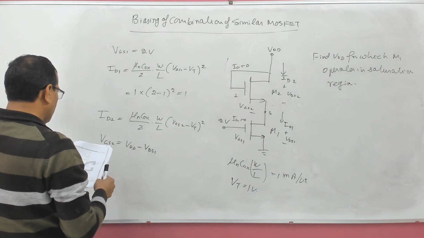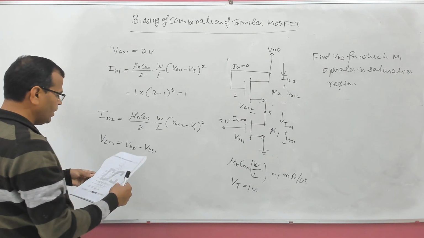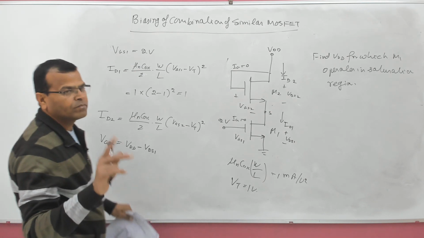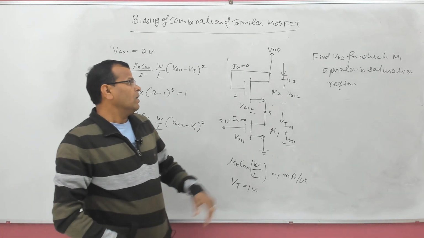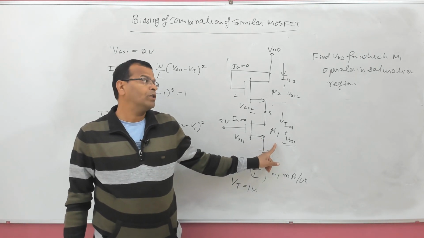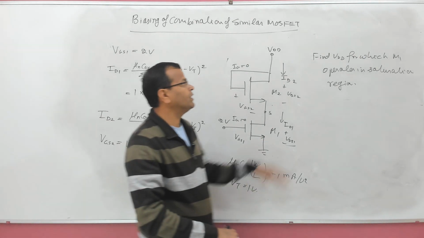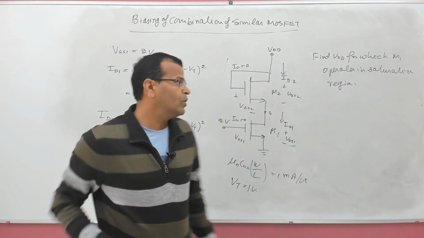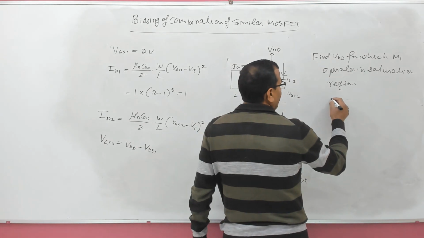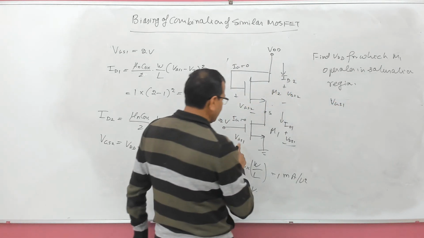And VDS1 is, remember, there is a condition here. See it carefully. This MOSFET should operate in saturation region. Find VDD for which M1 operates in saturation region. So VGS1 is how much? See it carefully.